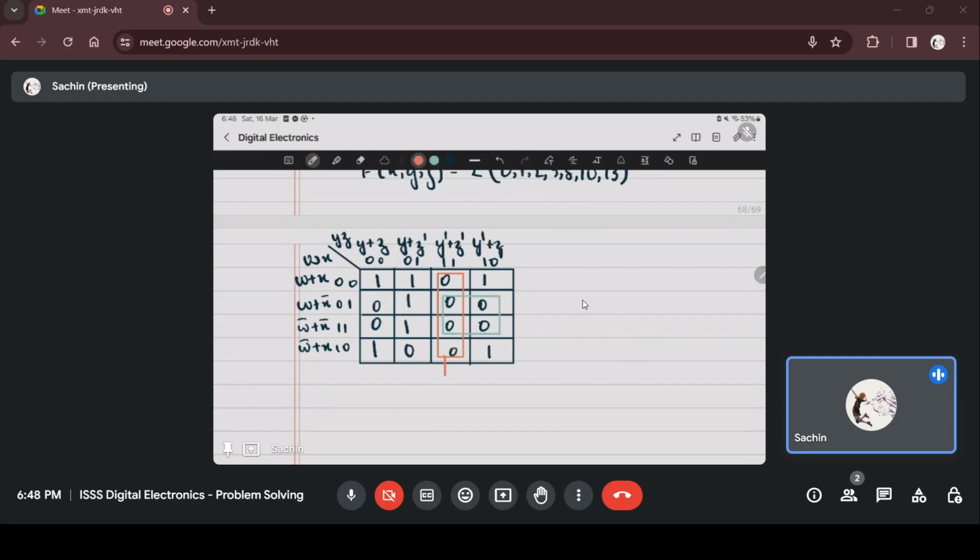So this quad is y prime plus z prime. The other quad is, let me check.